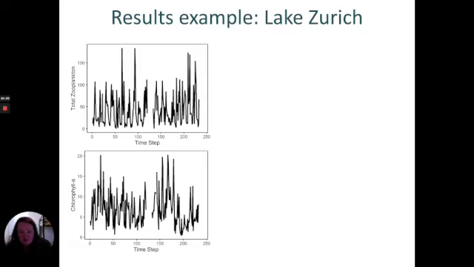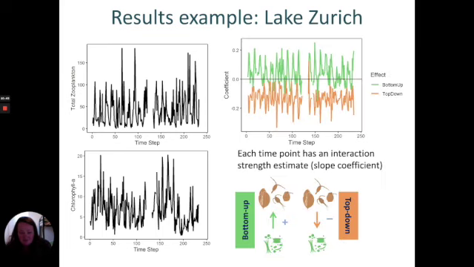So what essentially happens is that you start with a time series of both zooplankton and chlorophyll abundance, and you end up with a species interaction strength for both bottom-up and top-down effects. So these are the coefficients that we get. And in this lake, as you might expect, the bottom-up effects tend to be positive, so they are above 0 here.